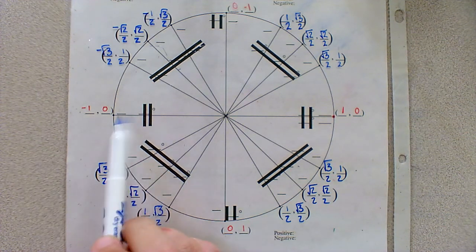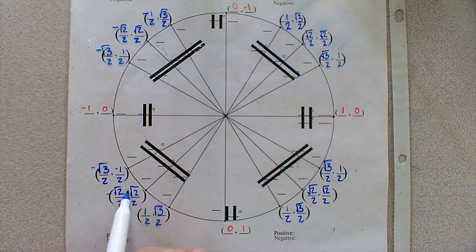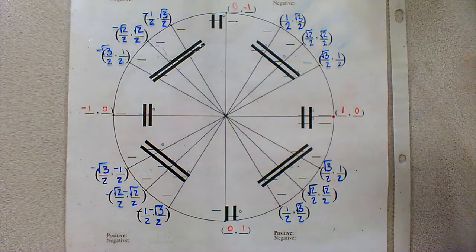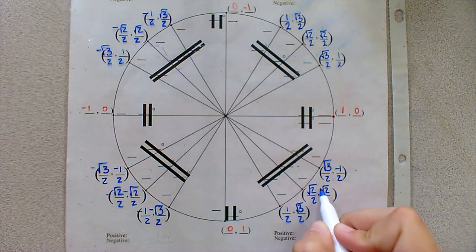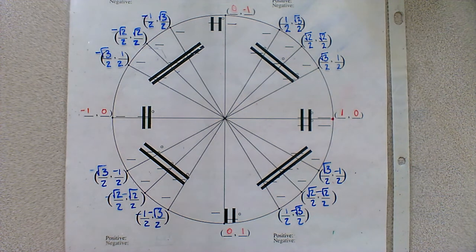In the third quadrant, x's and y's are negative. So go ahead and throw in negatives for both values. And then in the fourth quadrant, only the y's are negative. Alright, so those are all of the ordered pairs.